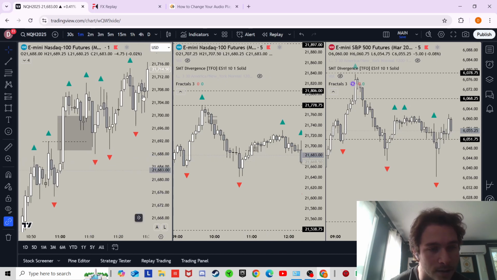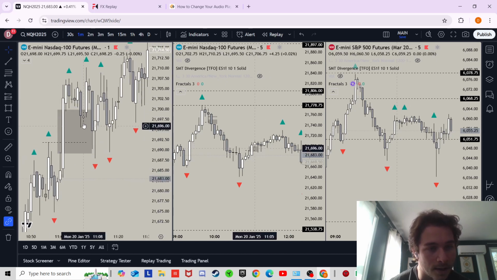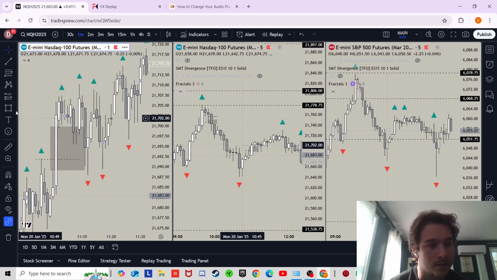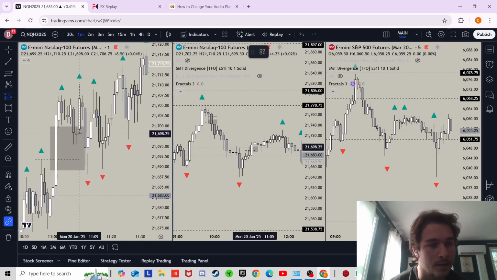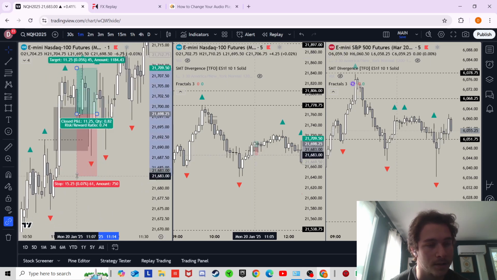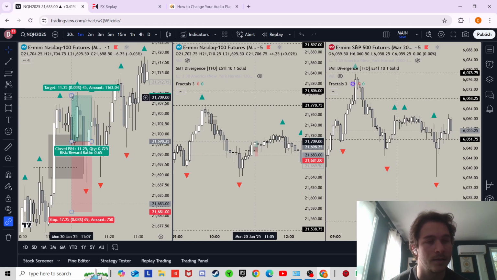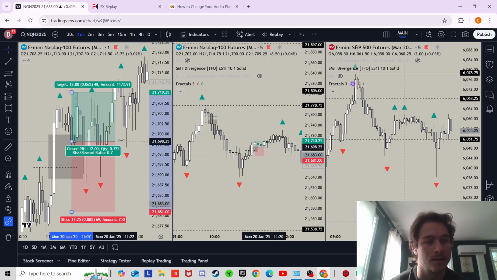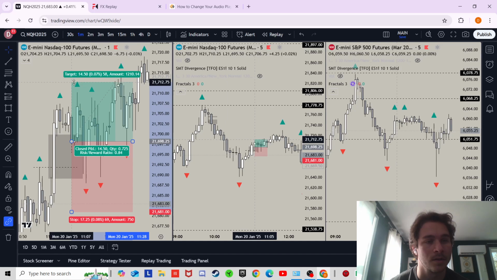And then it tapped in the gap and closed above right there. So I would take this. And then I'd put a stop. I could actually market order this because I'd put a stop at 17.25, right? And see what happens. Goes to 14 points.